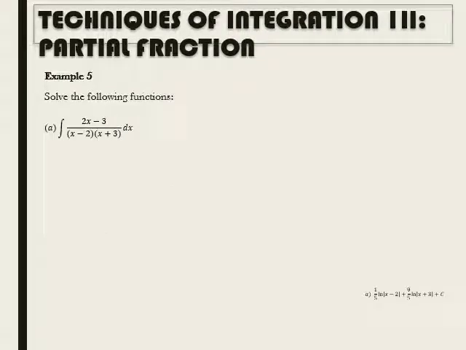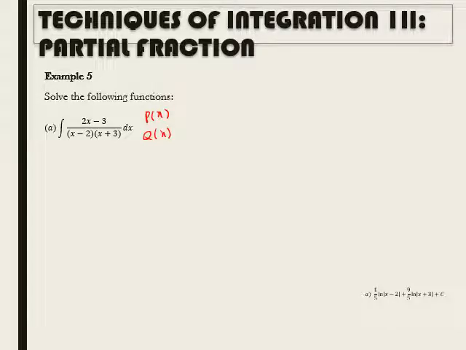This is example 5, where we want to solve the following integral by using partial fraction, because this is in terms of p(x) over q(x), right? So this is a proper fraction where the degree of p is less than the degree of q, so we can straight away find the partial fraction.